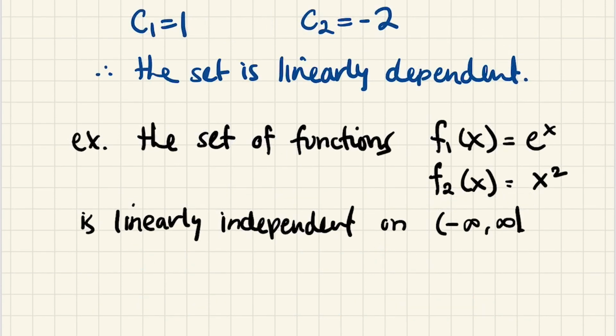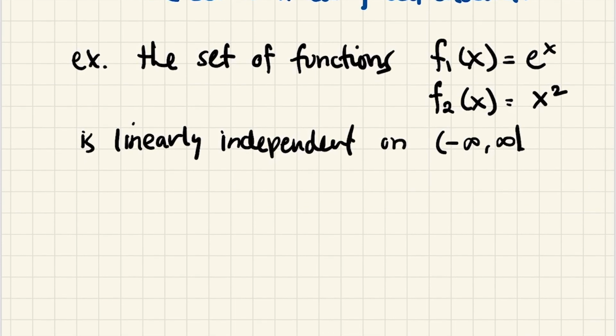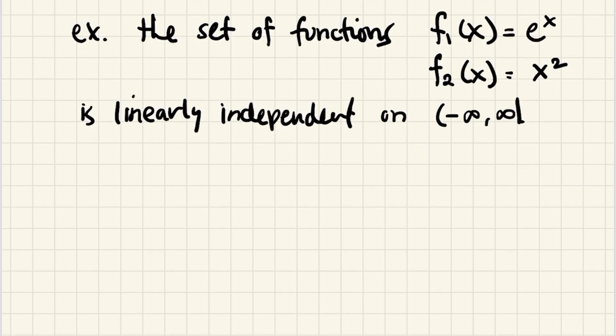All right, in contrast to that, we have this example with the set e to the x and x squared. Okay, so let's check and see if these are linearly independent. So we have c1 e to the x plus c2 x squared, and we're setting that equal to 0.